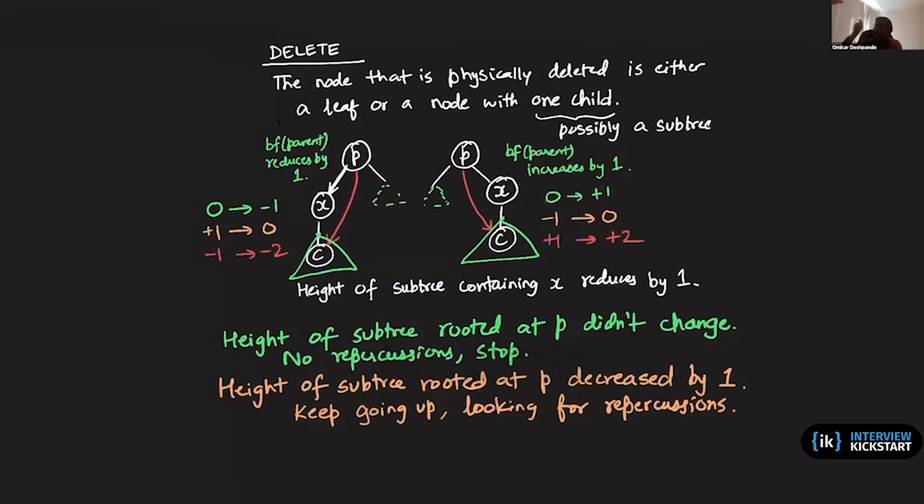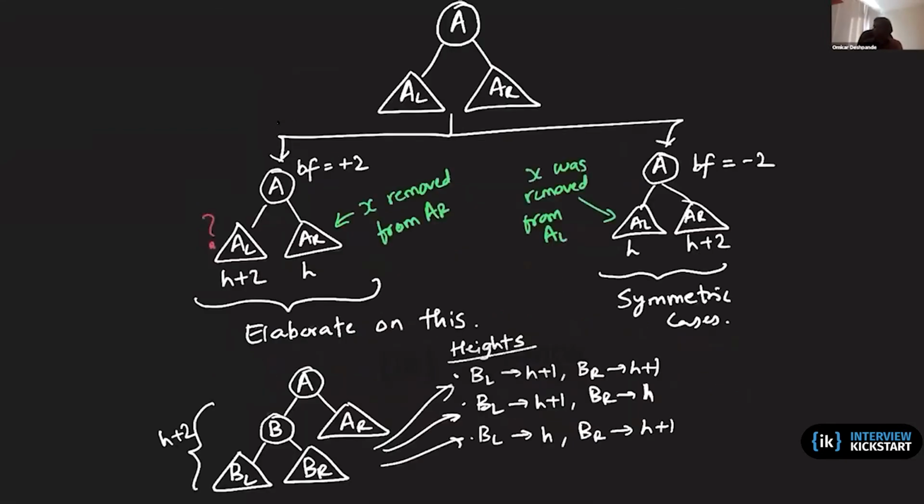There were repercussions further up. You kept updating the balance factors up and up until you reached a node A, some ancestor A, whose balance factor you had to update to either +2 or -2. The first such ancestor. And you have to do that update because one of the two subtrees from which you came got shorter. Does that make sense now?